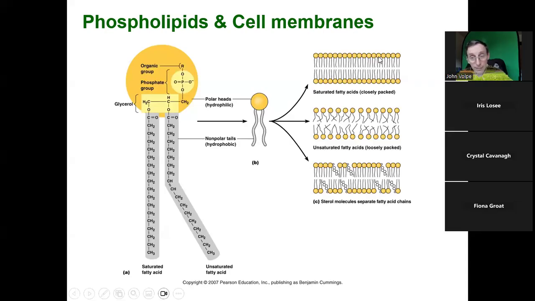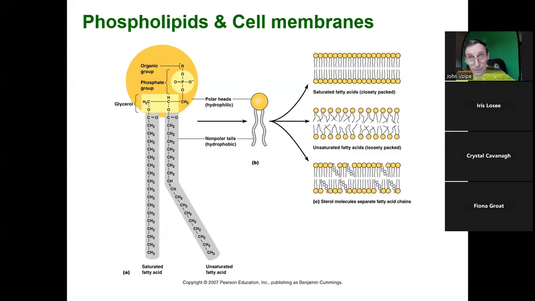Now, plant cells have a cell wall, but animal cells do not, and so animal cells put cholesterol in their cell membrane. This is cholesterol right there. And the cholesterol helps strengthen and give support to the cell membrane. And if you wonder about eating cholesterol, you can only find cholesterol in animal tissue.